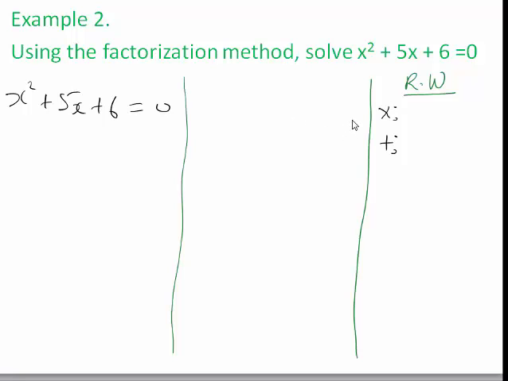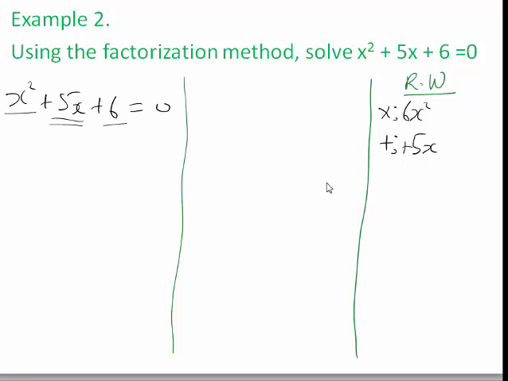This is not all that straightforward like the first one we treated, which doesn't have the constant, but it's equally easy. Now, for you to get the product, you take the product of the constant and the value of ax squared. In this case, the coefficient of x squared is 1, so x squared times 6 will give us 6x squared. Then you take the middle term and put it as the sum, plus 5. Always go with the sign so that you don't make mistakes.